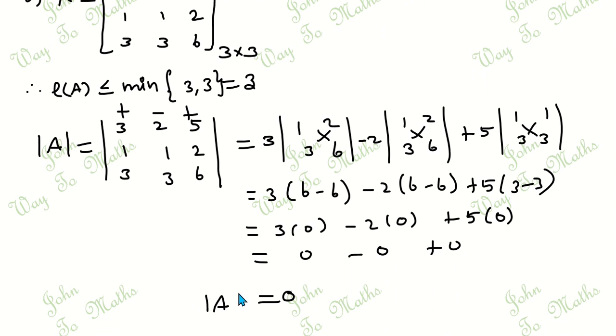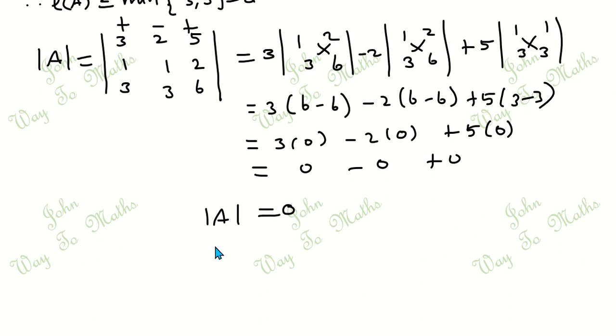So the determinant of A is equal to 0, therefore the rank of A definitely does not equal 3. Next I'm going to check the 2 by 2 minor matrix.